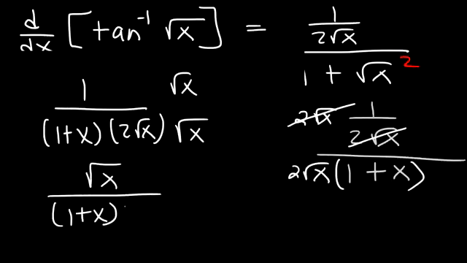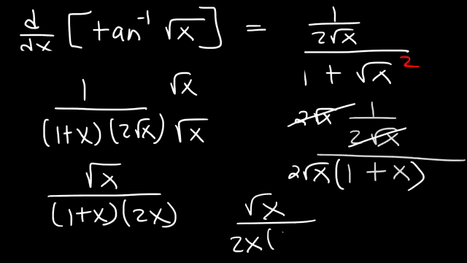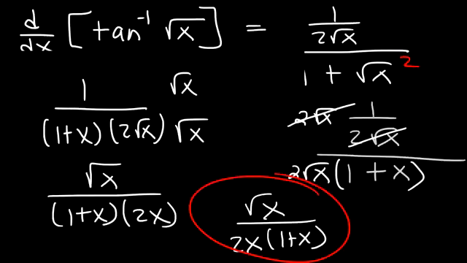So on the denominator, the square root of x times the square root of x simply is x. So you can leave your final answer like that. So it's the square root of x divided by 2x times 1 plus x. And so that's the derivative of arctangent of square root x.